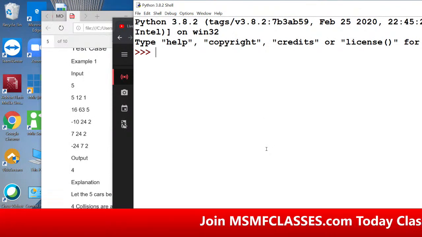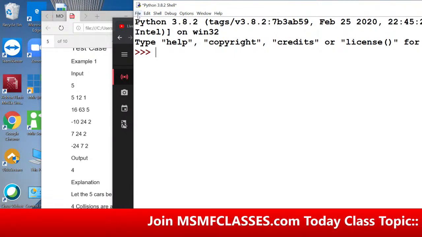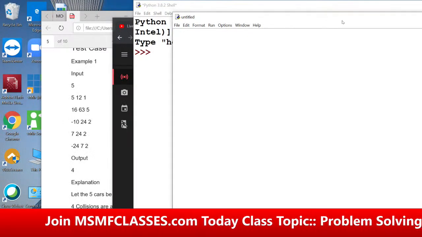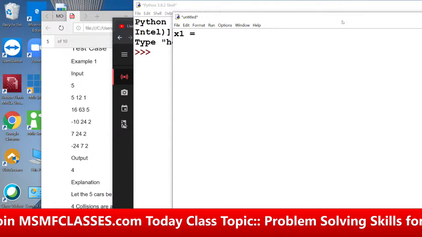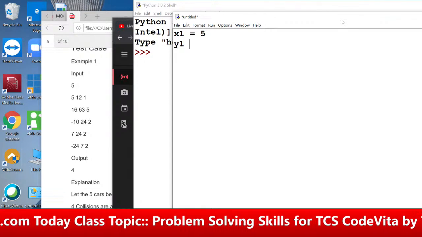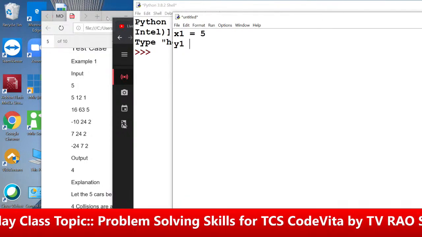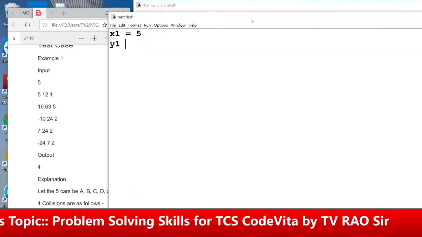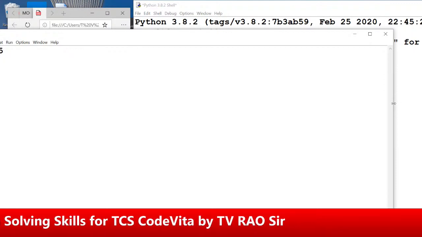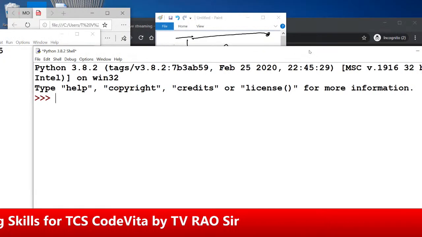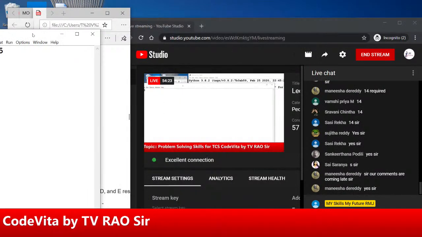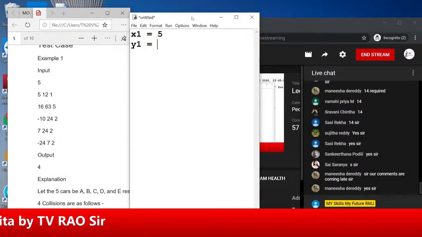Car number 1. x1 coordinate is 5, y1 is 12.